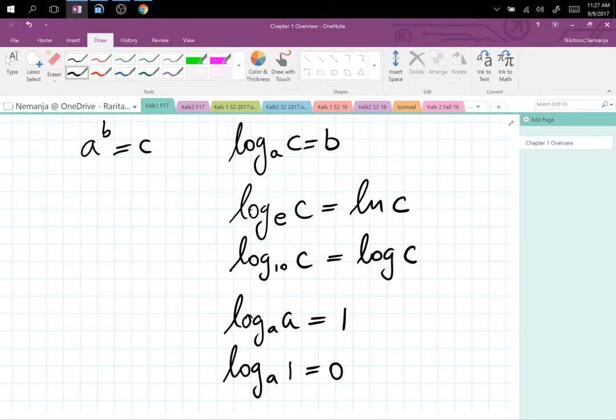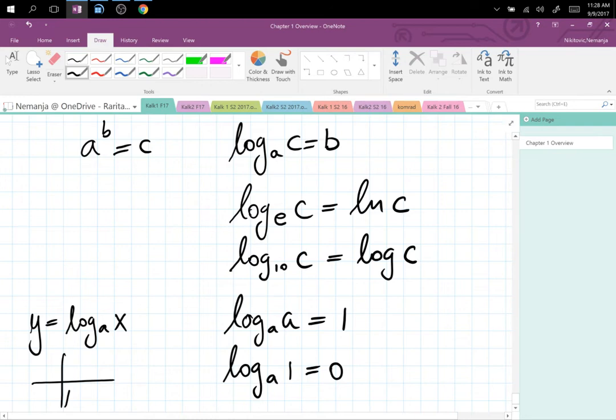You already know the function. Log a of x graphs like that, goes through 1. So that's a little crash course on logs.